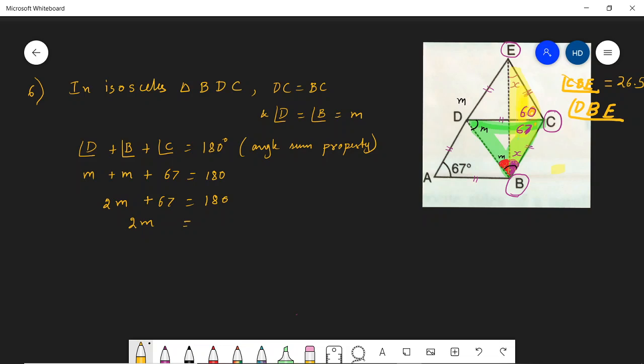2M is equal to 180 minus 67. Just do that in the working column.